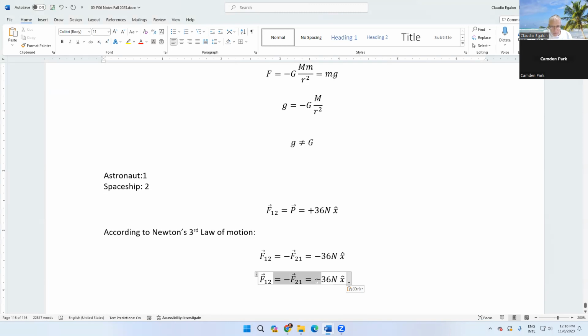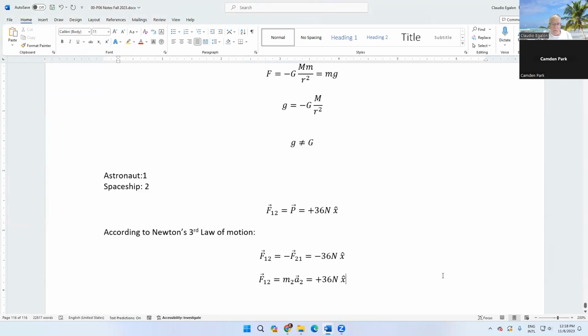Force of 1 applied to 2 is going to be mass of 2 times acceleration of 2, and here should be plus.